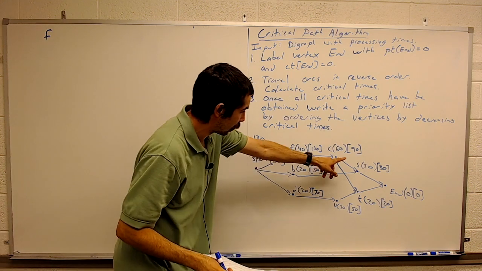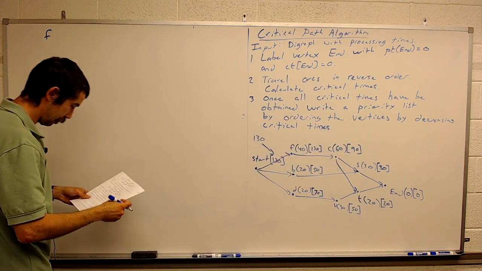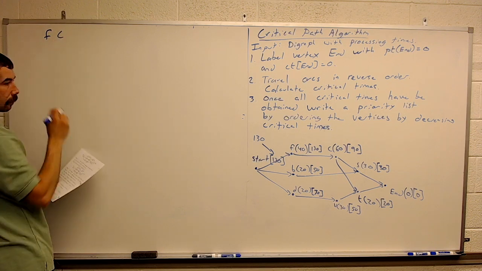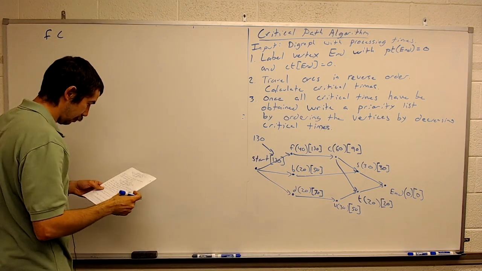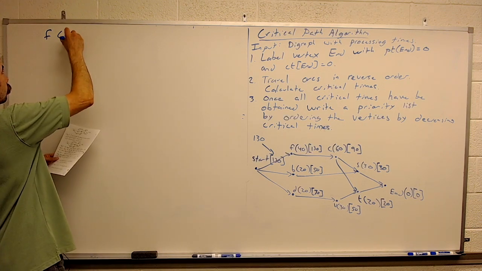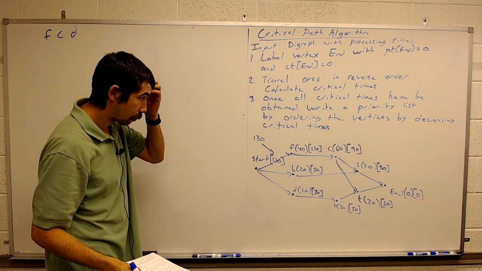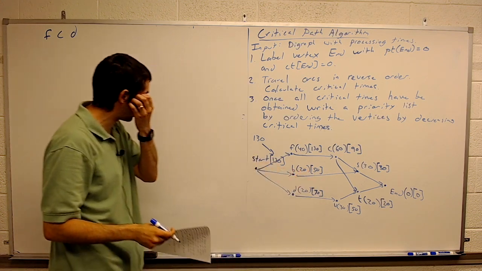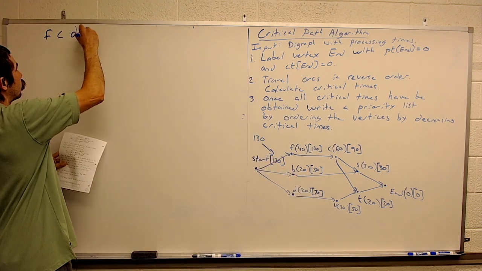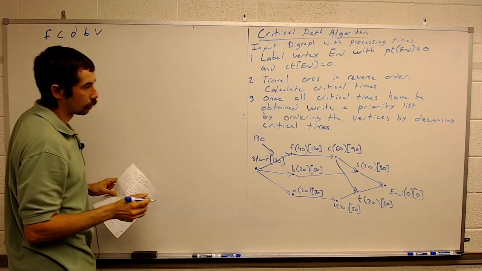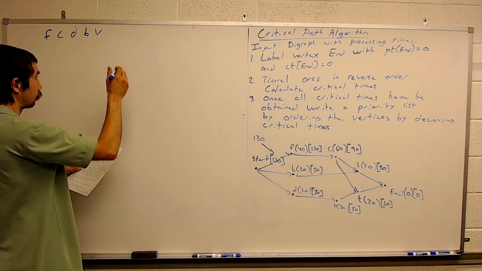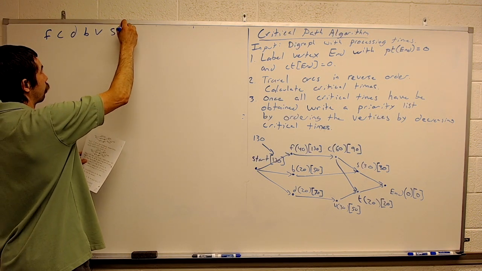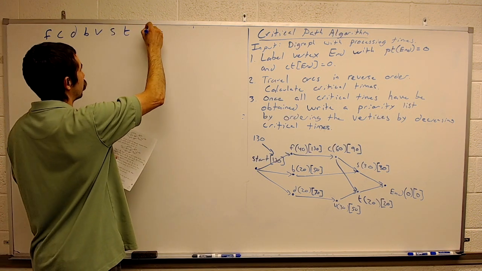What's next would be 90, so C. D is 70. B and V are both 50, so we could put them in either order. And then S, T. All right, so this is our priority list.